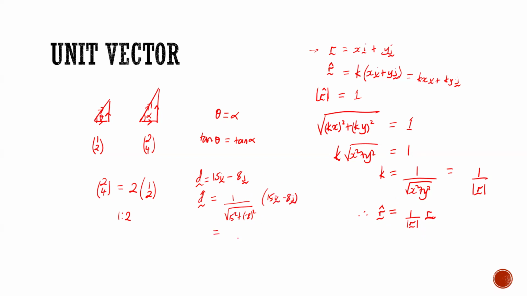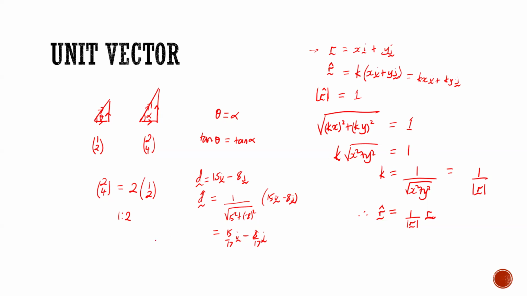And this gives you 15 out of 17i minus 8 out of 17j. This is the unit vector of this vector here. And you realize that if you go ahead and find the magnitude of the unit vector, you'll actually get 1.